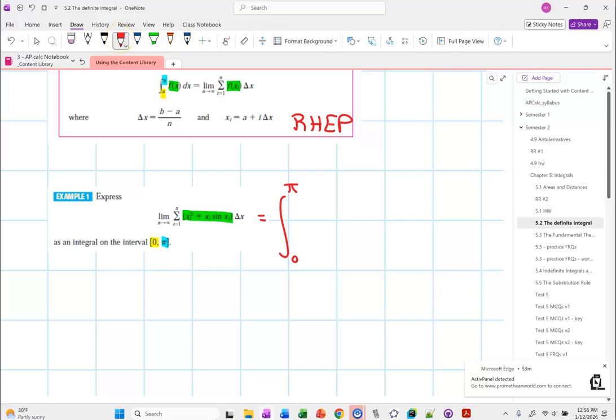So what's f of x going to be? Well, it's just going to be x cubed plus x times sine x. I just drop the i's. Everybody okay? And then I just put a dx on at the end. There we go. Converted it to an integral.